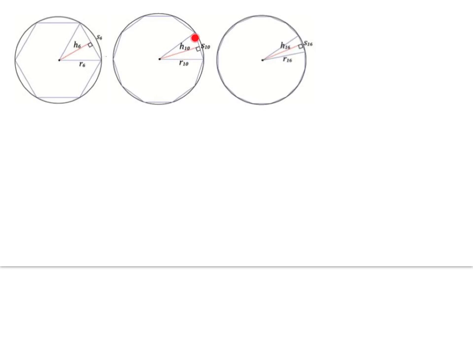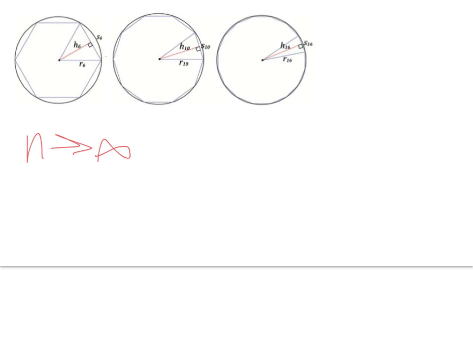As our base gets smaller and smaller, as n goes to infinity, the size of this s value gets smaller and smaller, and the radius and the height become closer and closer together. Say that again. The base gets smaller, the radius and the height become closer to the same value.